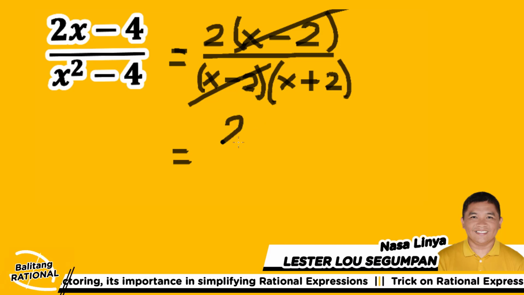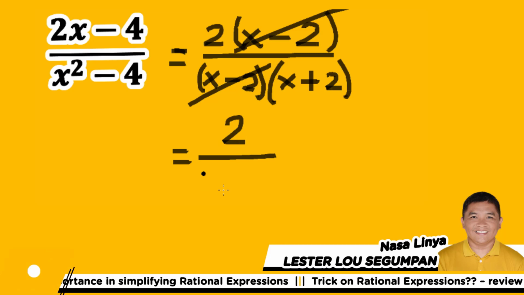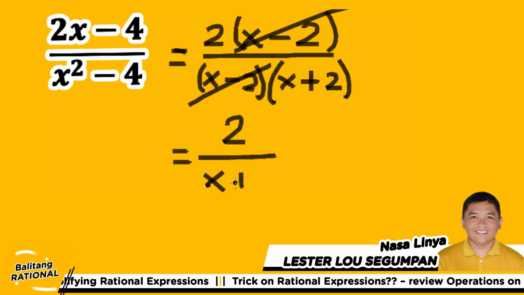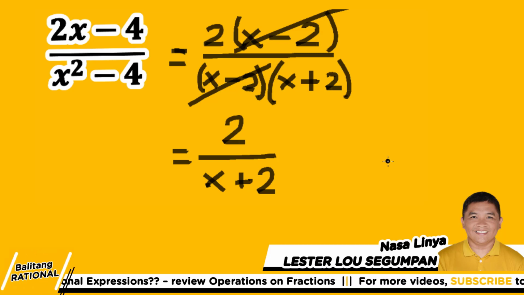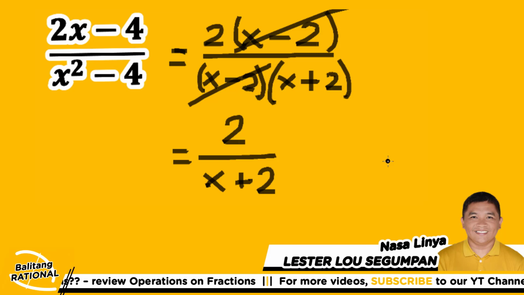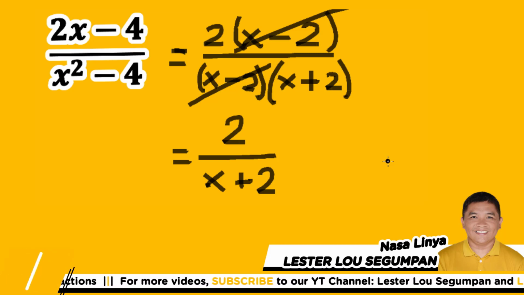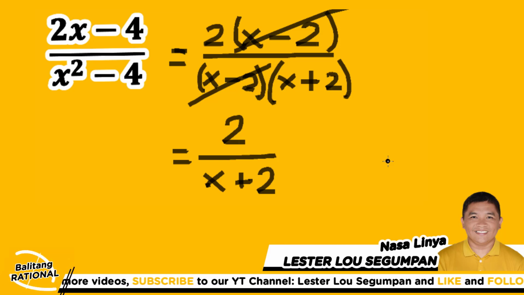We have 2 all over the remaining binomial x plus 2. And no need for parentheses because we only have one binomial here. So from 2x minus 4 all over x squared minus 4, our result is 2 all over x plus 2. And this is the more simplified form of the given.